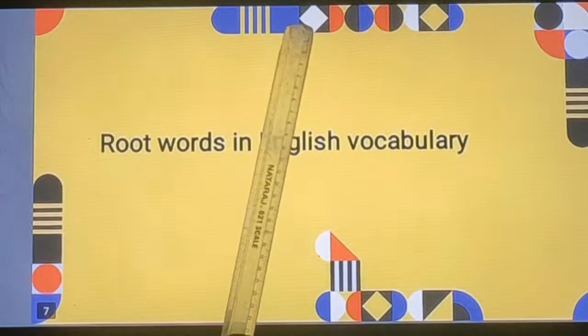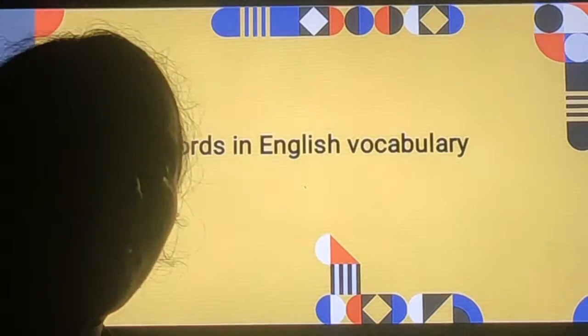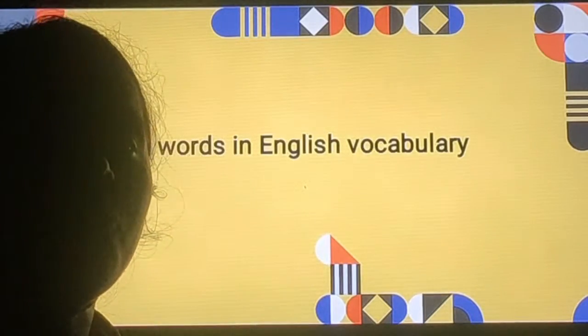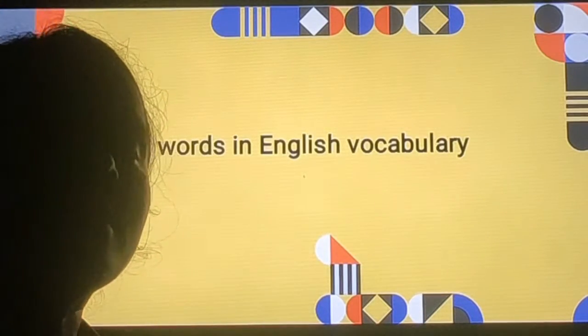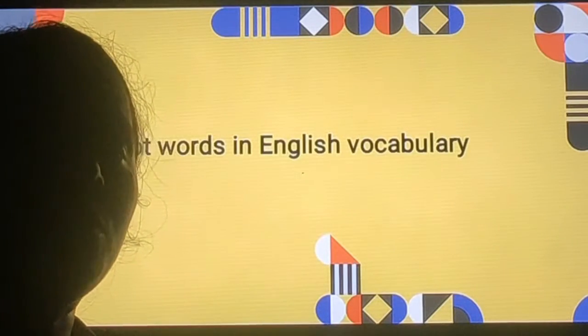Do you understand how we connect vocabulary? Like that, when we learn vocabulary, we first learn the base word, and after that we learn the related words.